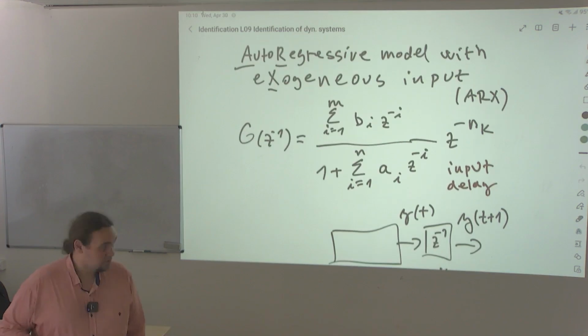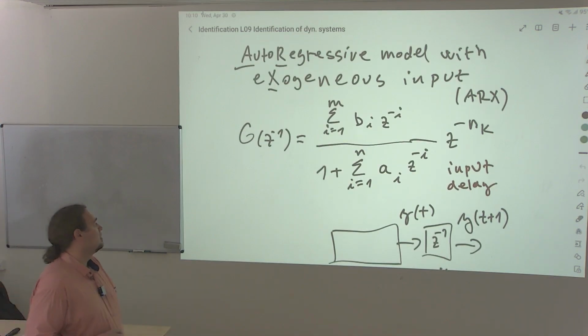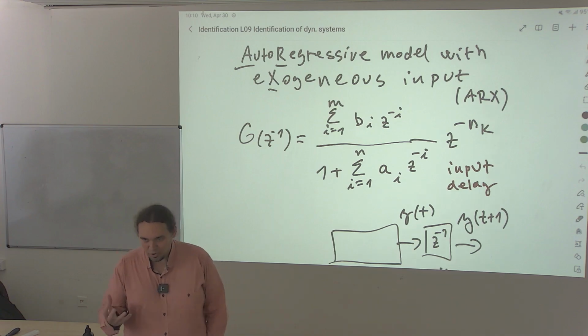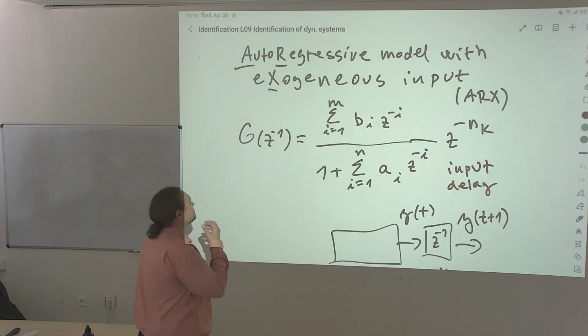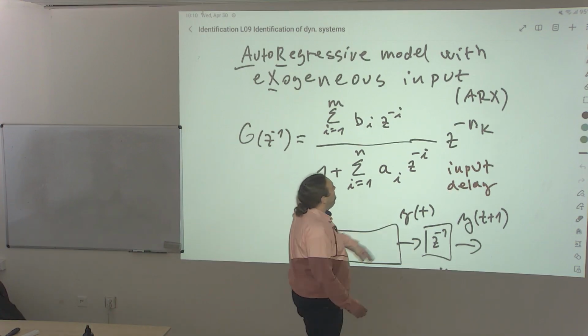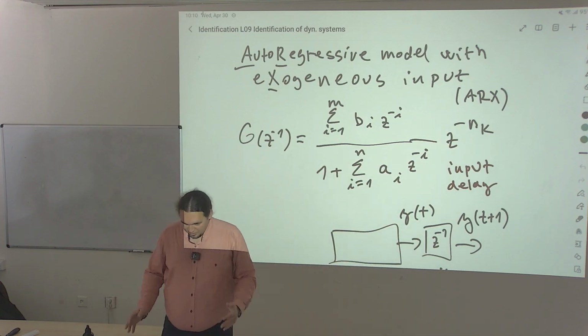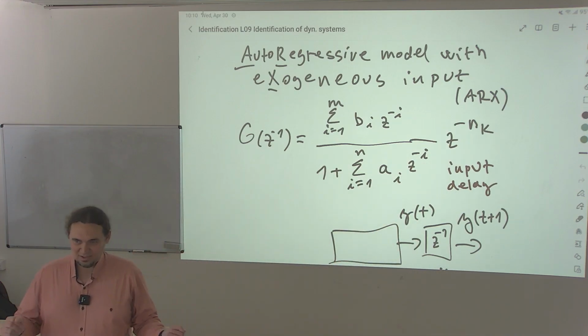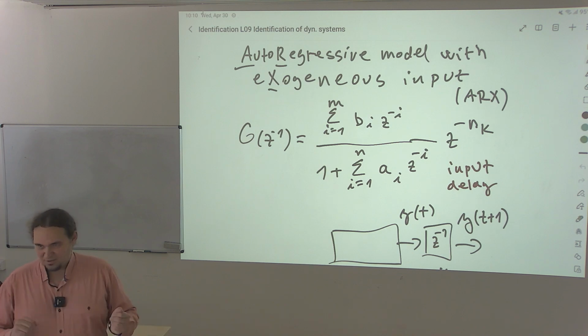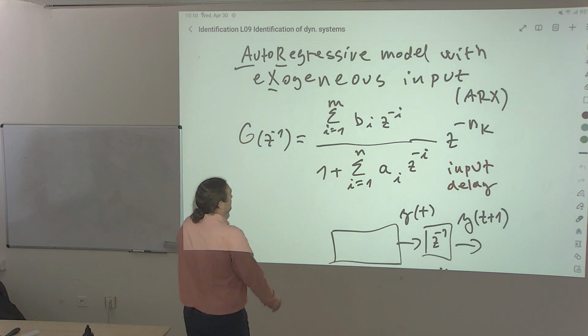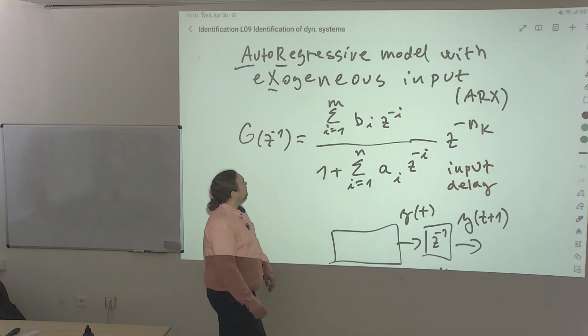and yet the more interesting type of model, or something which you are more used to from your theory of automatic control and so on, is the ARX model, which can very easily represent linear transfer functions in the discrete time domain. It's basically the same thing, just a different label.